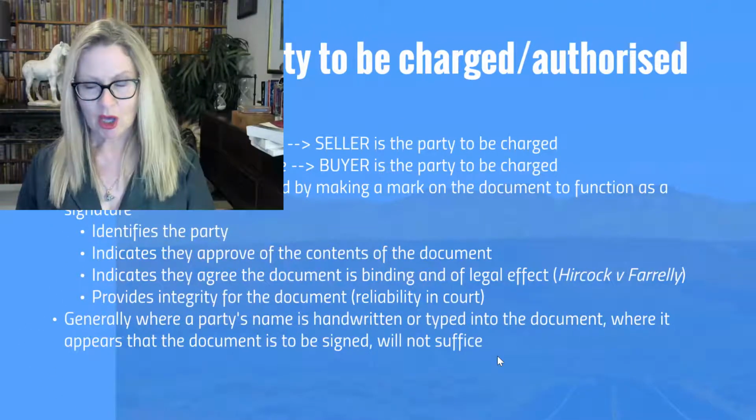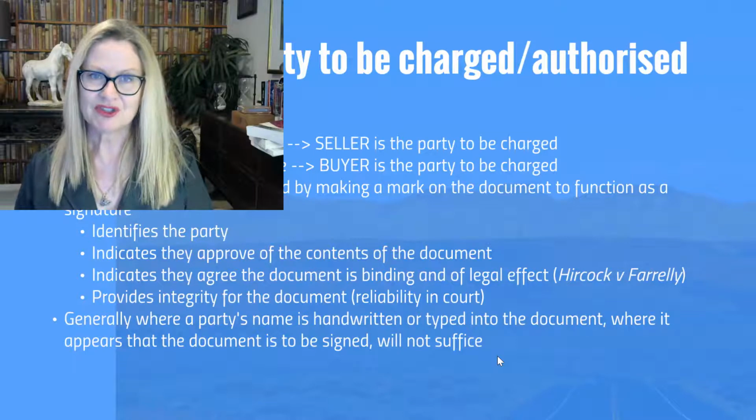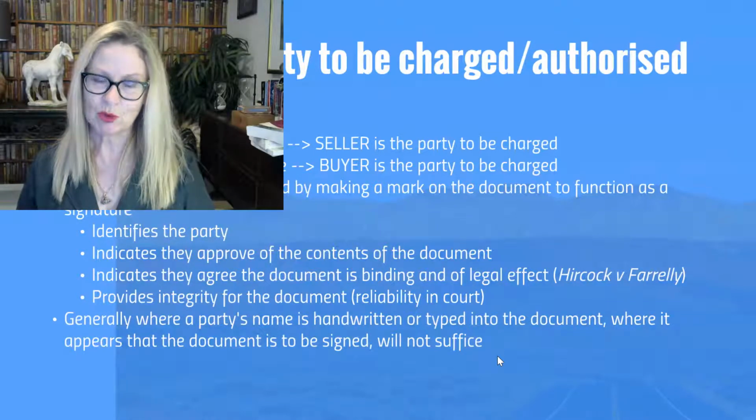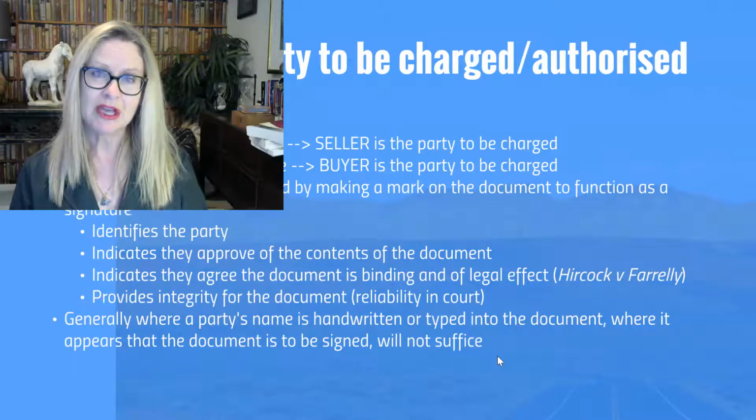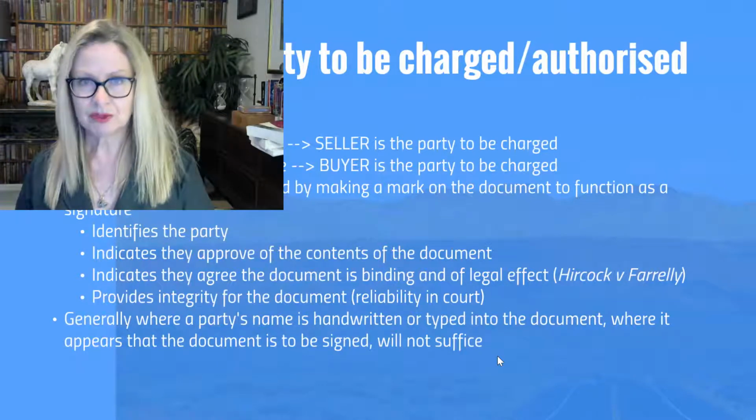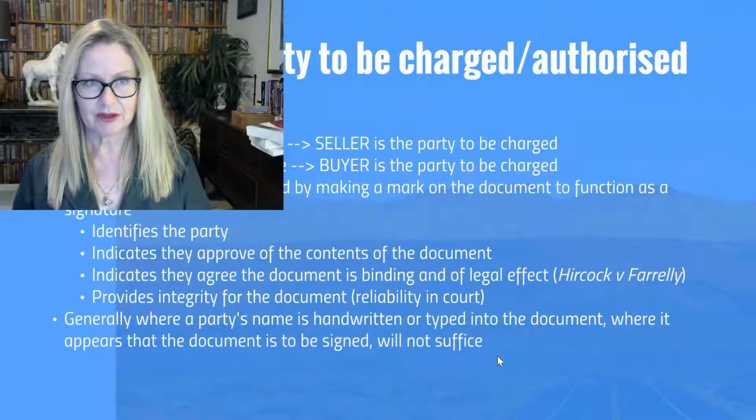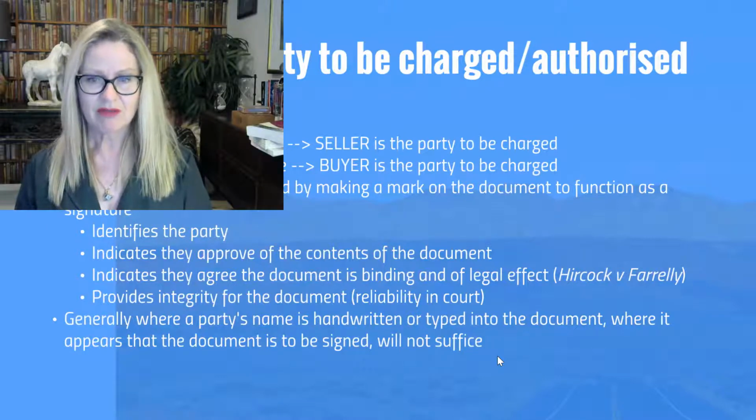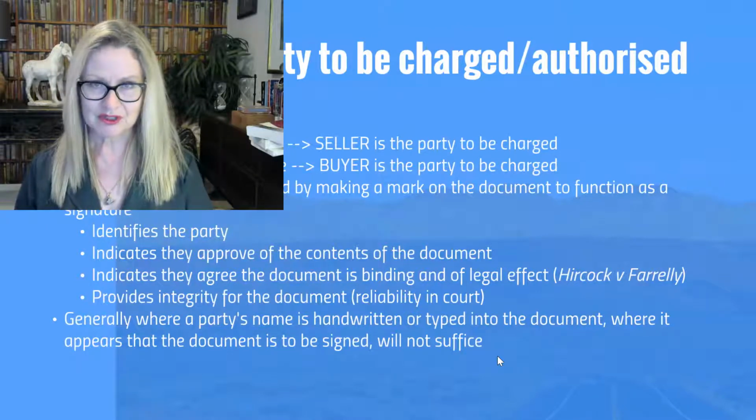Generally speaking, where a party's name is just typed into the document or handwritten into the document, if the nature of the document indicates that it was contemplated that that document would actually be signed, then that's not going to work for the purposes of the PLA.